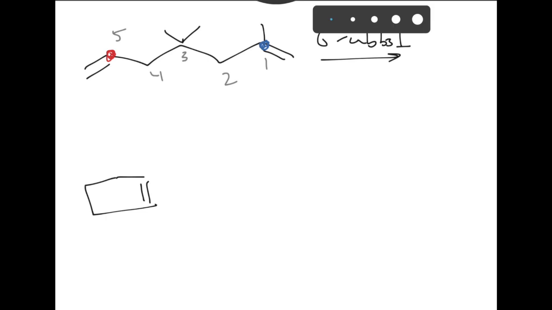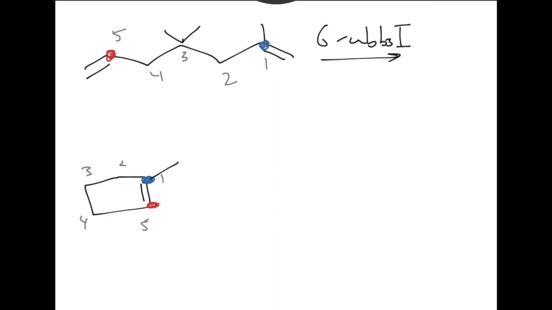Right, and we're going to say that this one is the red one, and this one is the blue one. So this will be, again, 1, 2, 3, 4, 5. Carbon 1 in our starting material has a methyl group, so carbon 1 in our product needs to have a methyl group.